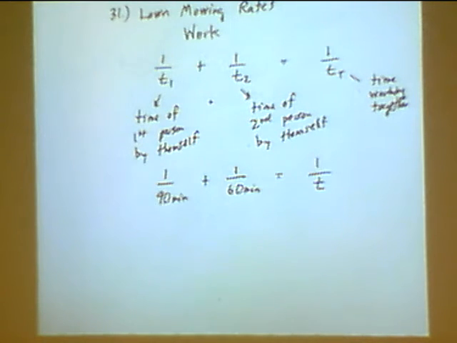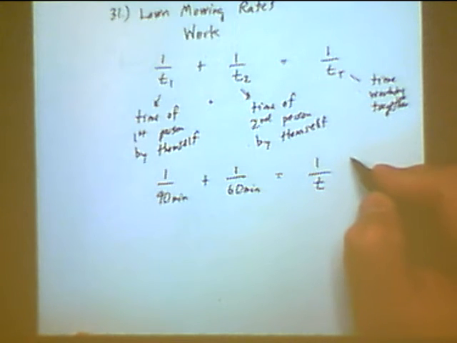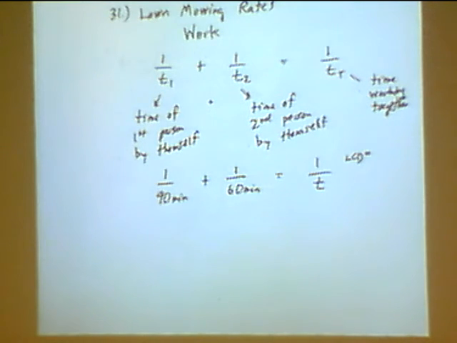So now I simply have to solve this equation. All right, it's got some fractions, but still not too hard to set up. As a matter of fact, what I'm going to do is clear fractions. Once again, how do we clear fractions? We find the LCD and multiply both sides by the LCD. The LCD is a little tricky here.